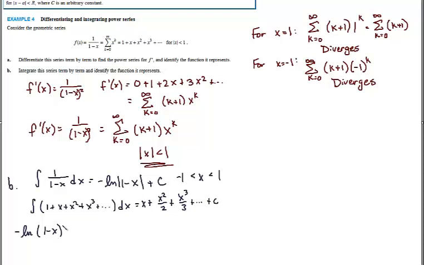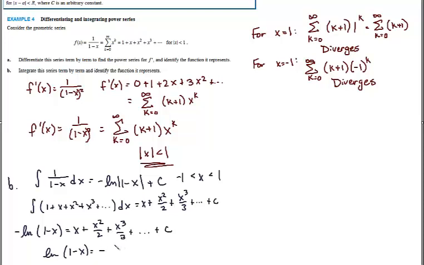So this thing here is then going to be equal to x plus x squared over 2 plus x cubed over 3 plus some constant. Now this guy's constant, I just threw over the other side and squished it together. So what I'm going to have here is just the natural log, and I'll move that negative over to the other side, of 1 minus x, and that'll make it easy for my power series.